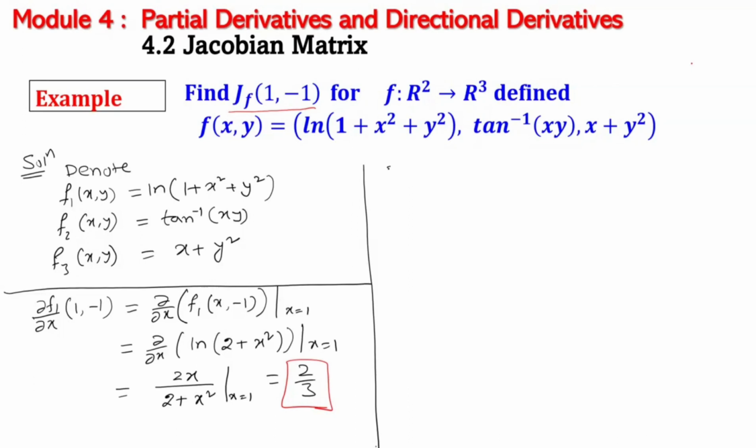So next we'll continue in the same way. Del f1 over del y at the point (1, -1). This is equal to del y of ln(1 + 1 + y^2), putting x equal to 1, at the point y equal to -1.